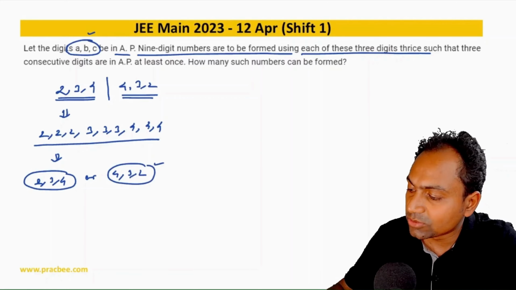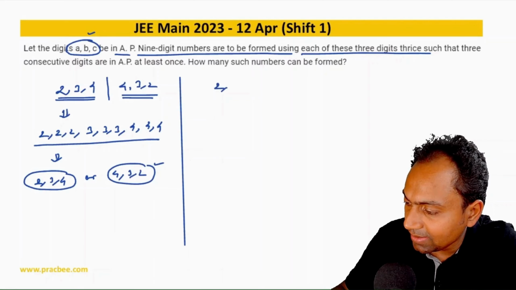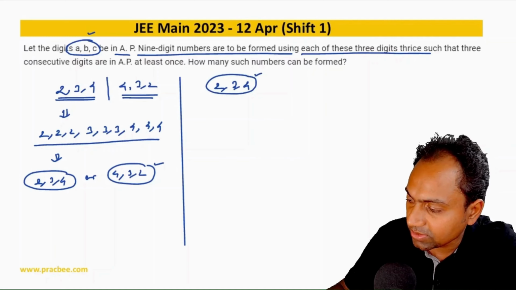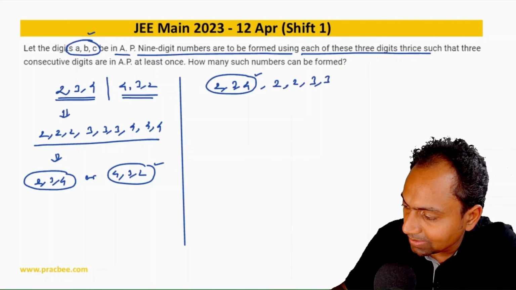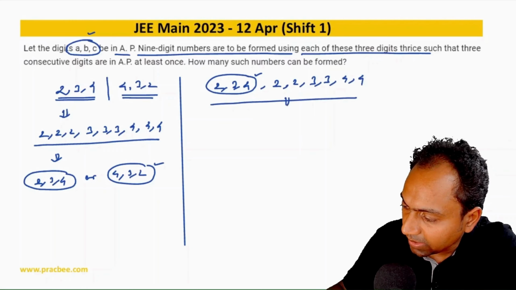So what I can do is take this 2 3 4 and tie them together using a string. And now what we are left with is 2 2 3 3 4 4. Now if I arrange these 7 numbers, I should get my answer.